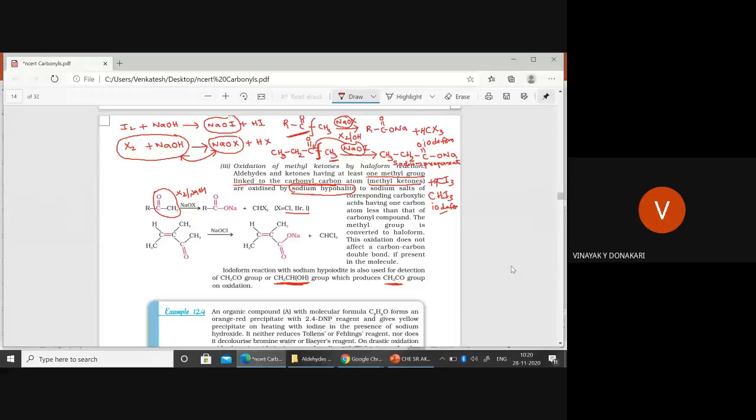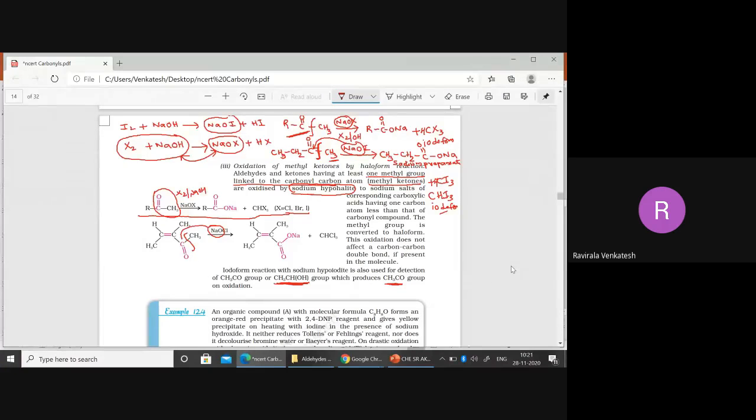But if you practice directly like this, you definitely will forget everything. Observe this one also: where you have to break, and where you have to keep ONa. Here you have to keep it.